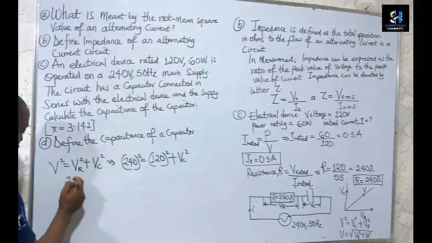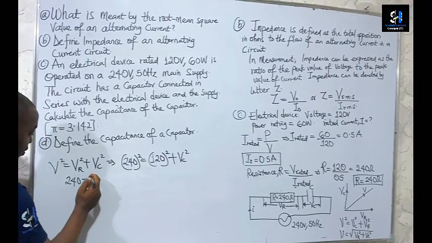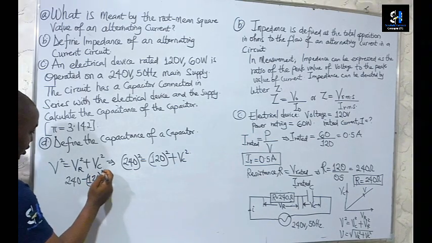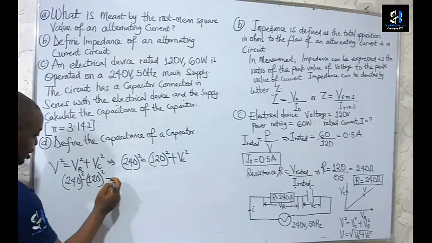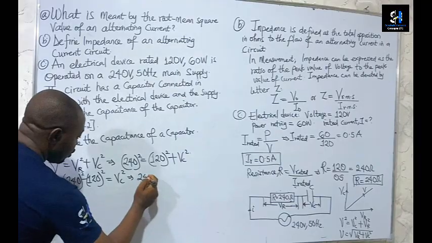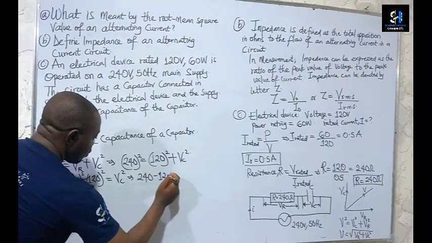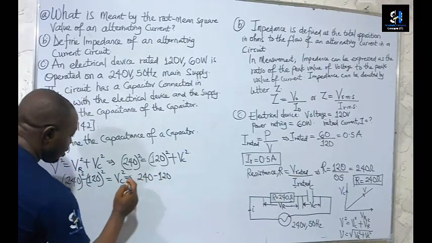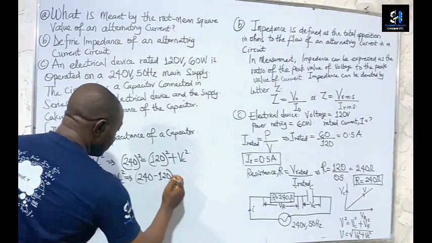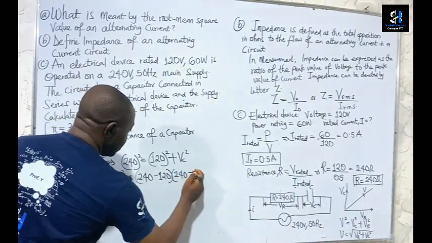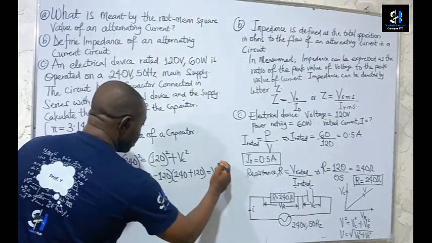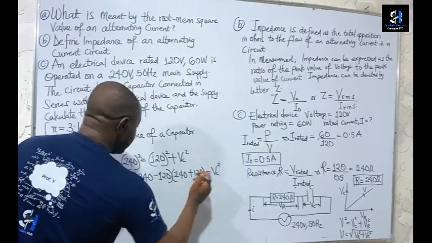So this will be 240 minus 120, because we're going to have a difference. Let me write it as a difference of two squares, so from here we can have 240 minus 120 multiplied by 240 plus 120, and this still equals VC squared.